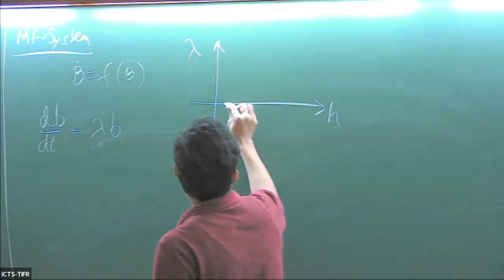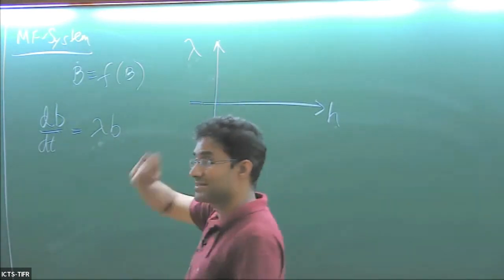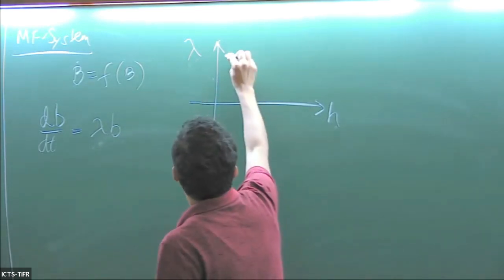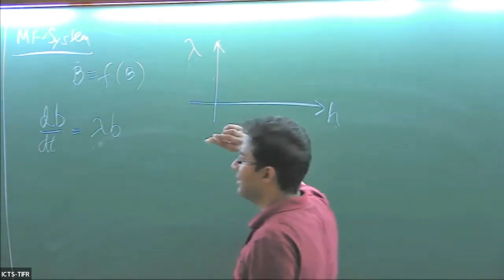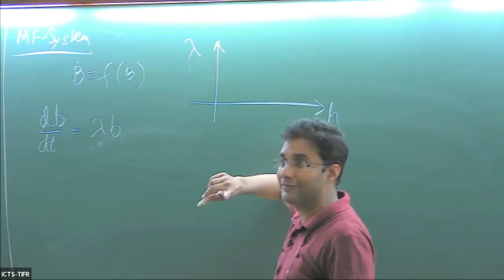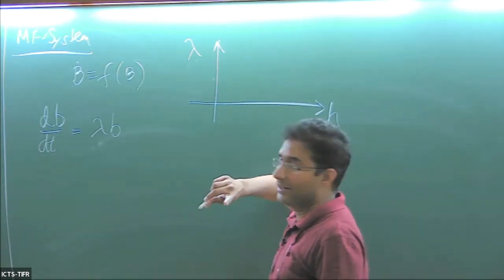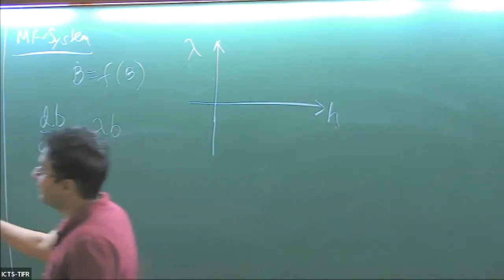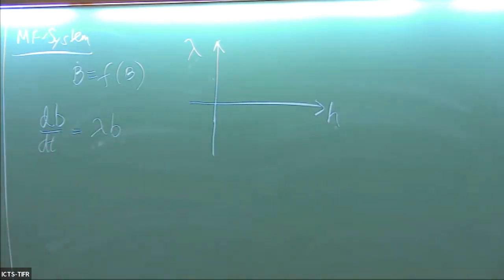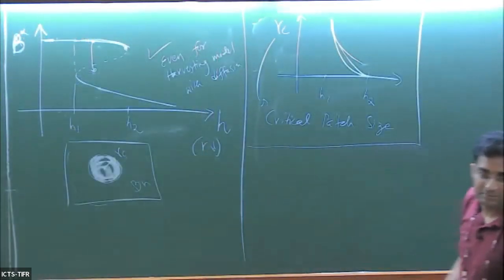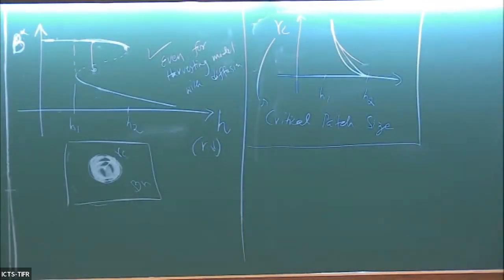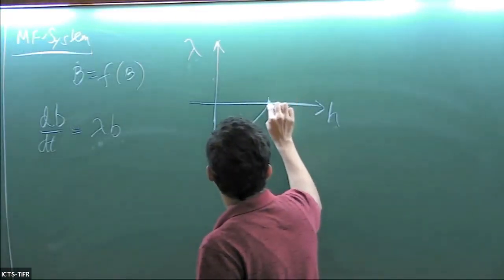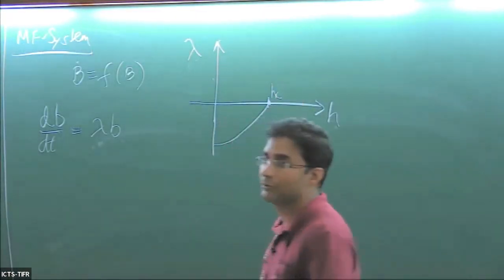What we found was that if we plot it for a stable branch, how would lambda behave? First of all, it will be a negative value, because it's a stable branch. And as I approach this point, it will be negative, and it's 0 at the critical value, right?